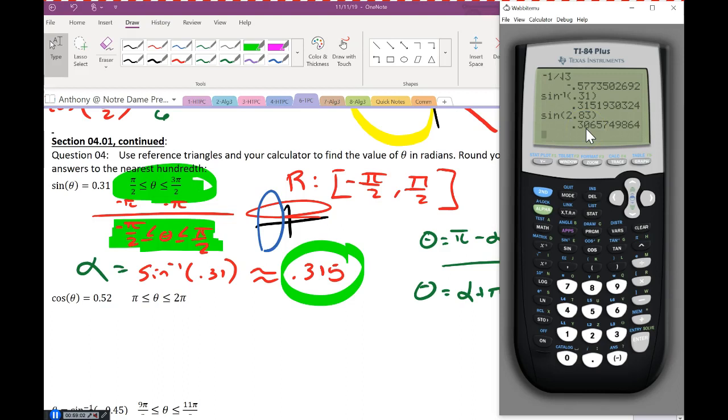The other part of the check, though, is we have to make sure 2.83 is between pi over 2 and 3 pi over 2. So pi over 2 as a decimal is 1.57, definitely bigger than that. And then 3 pi over 2 as a decimal is 4.7, definitely smaller than that, so we should be sure that that's our correct answer.